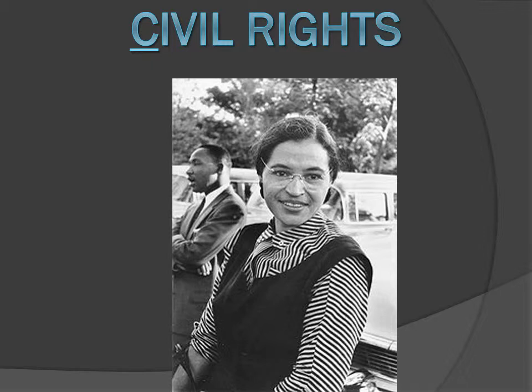That bus boycott is going to be led by that 26-year-old back there named Martin Luther King Jr. Martin Luther King Jr. is going to lead this bus boycott, and in doing so is going to spark the civil rights movement. But Rosa Parks kind of is seen as the linchpin of the civil rights movement in 1955, because for the whole next year, not a single person of color is going to ride the city buses in Montgomery, Alabama.